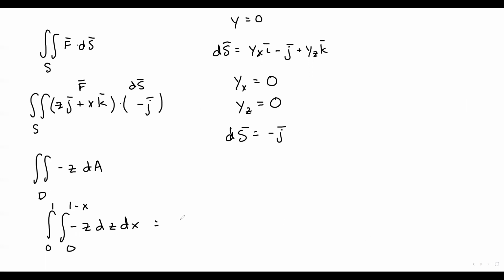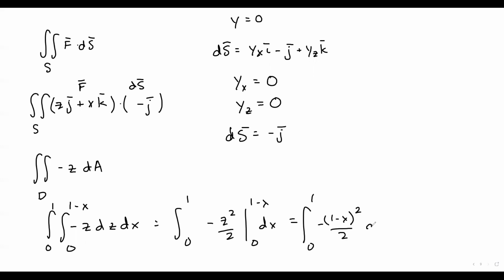So I guess we can go ahead and just do this one. So we've got x from 0 to 1. This is negative z squared over 2, from 0 to 1 minus x, dx. We get negative (1 minus x) squared over 2 dx.